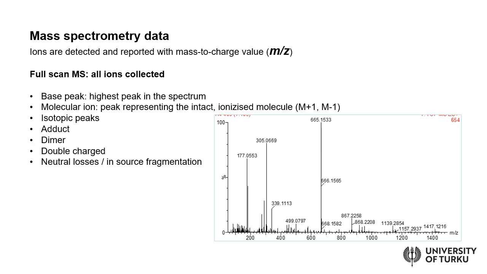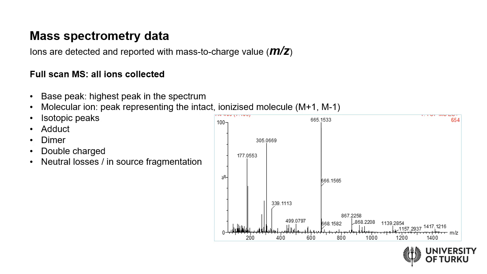In the majority of cases the charge is only 1, and in that case it is m/z, so ion mass divided by 1. For example, here you see a compound with 665.15 mass over charge ratio, which means that this is a compound with molecular weight of 666.